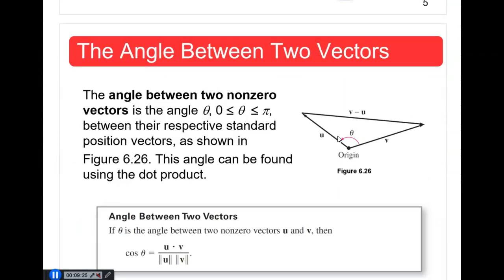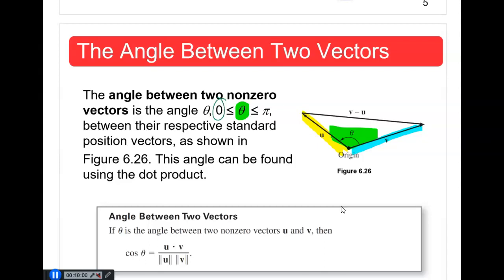Okay, so the next thing we're going to do is find the angle between two vectors, and in this case you could consider our vectors to be u and also v. And so the angle we're looking for is the one that is formed between them, and we're going to refer to it as theta. Now that angle could be 0, as you can see here.